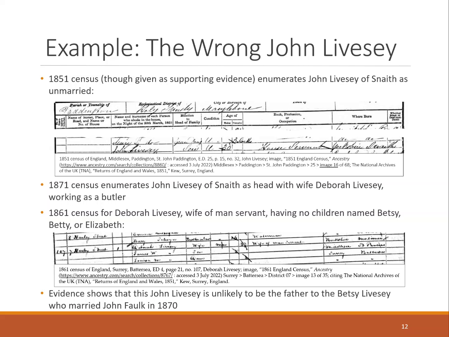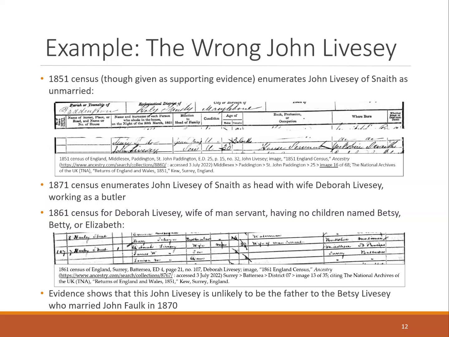Okay, so no surprise that Deborah Livesey didn't have any daughter Betsy, because Betsy's married by 1870, but 1871. So this, though, gives us the name of the wife of John Livesey. And if he was married in 1861, Deborah out there must exist.